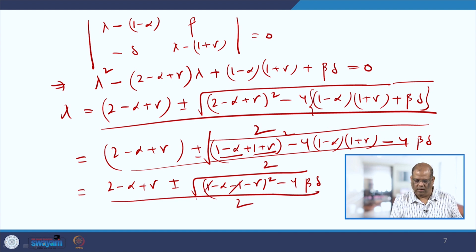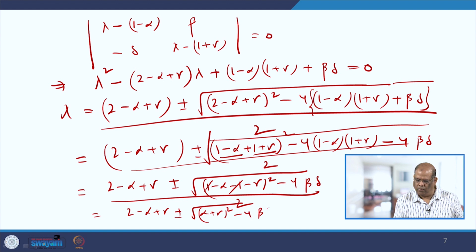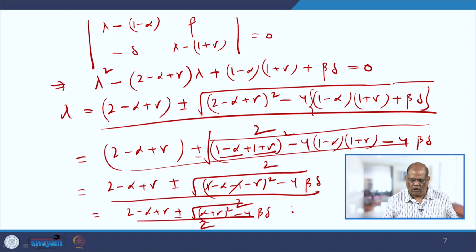The 1s cancel, and you will be getting 2 - alpha + gamma plus minus square root of (alpha + gamma) whole square - 4 beta delta divided by 2. So, this is the generalized version of the eigenvalues in terms of the parameters alpha, beta, gamma and delta.